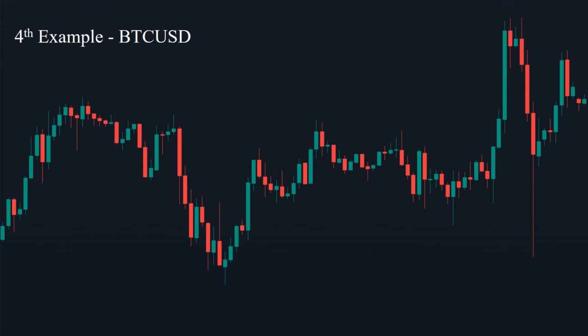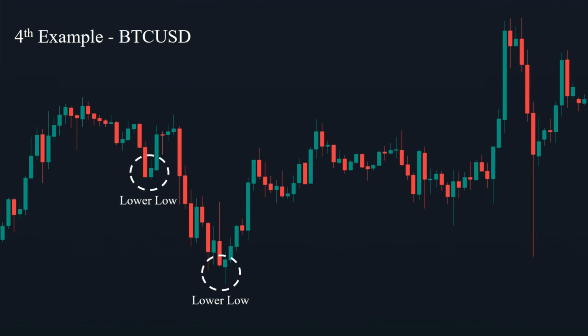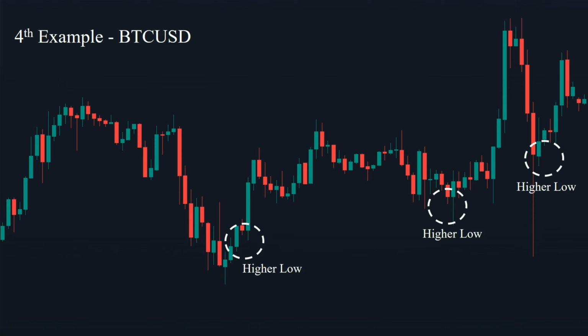And the fourth example is from the Bitcoin market. As you can see, this chart is a little different from the previous ones. In some areas, there are lower lows, which means that it is a downtrend. But in some other areas there are higher lows, which is different from the previous area.